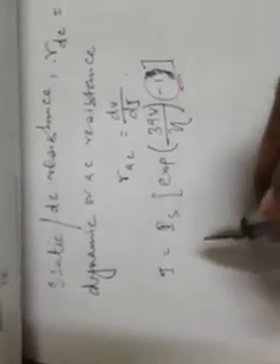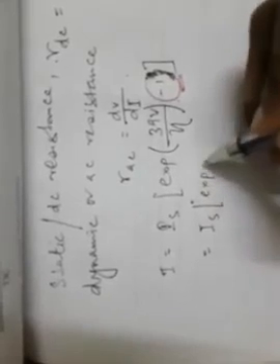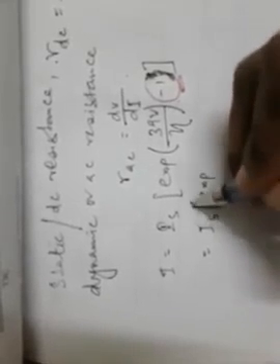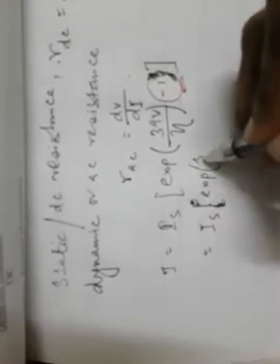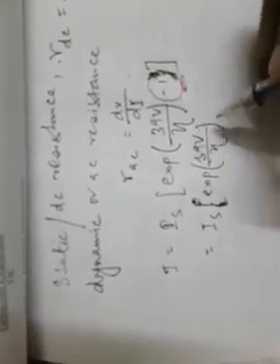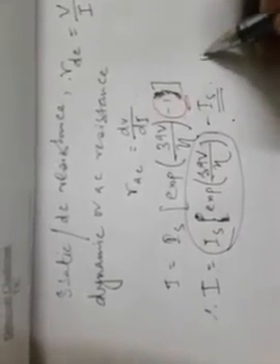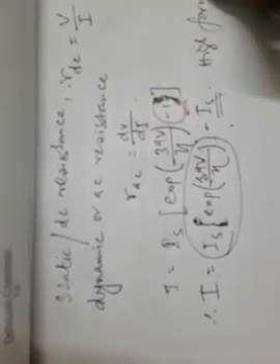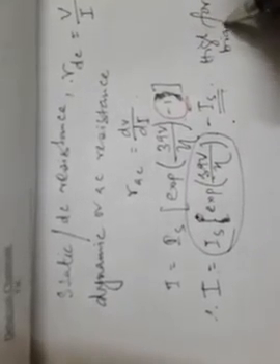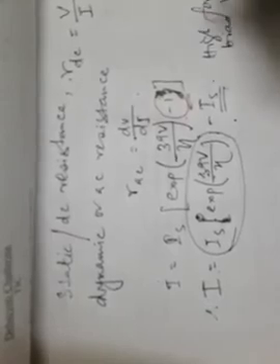This term will be neglected, as we can write it like this: Is e to the power 39V by eta, minus Is. So compared with this term, it will be very much negligible during high forward bias voltage. That's why we can neglect this one with respect to the rest.